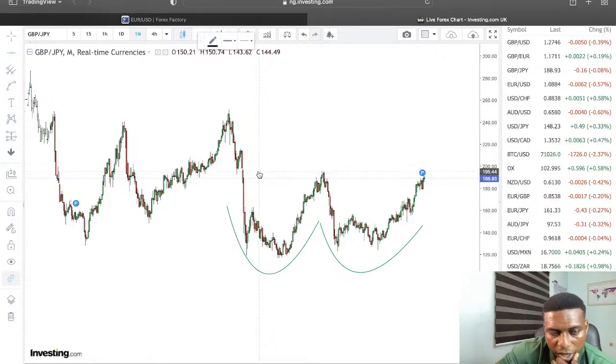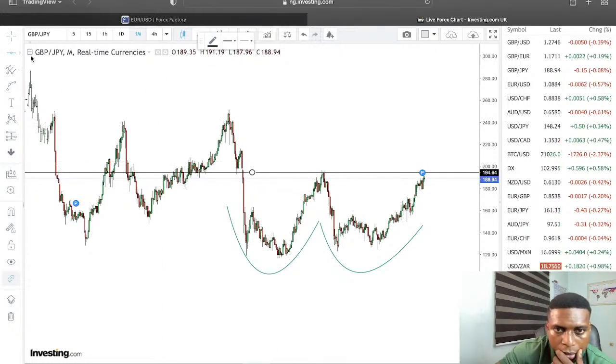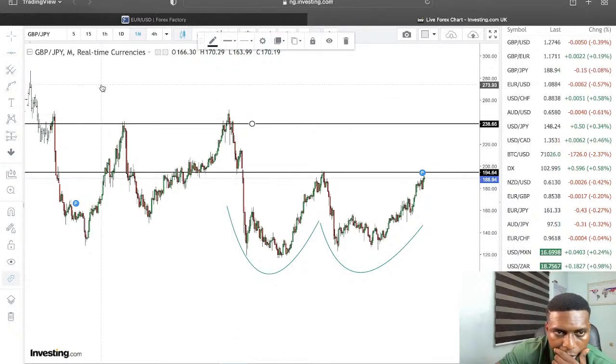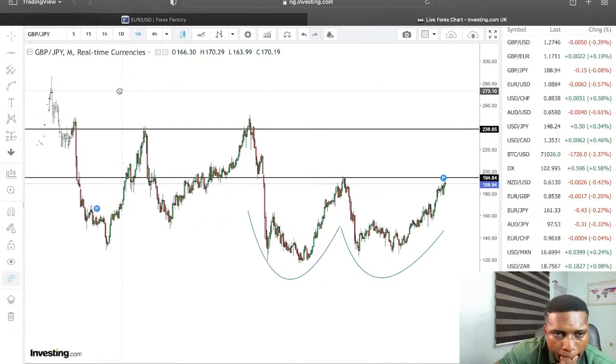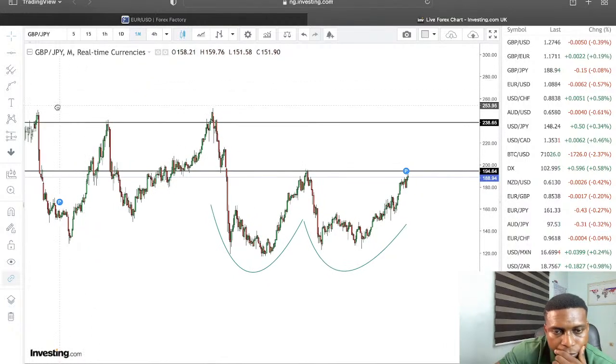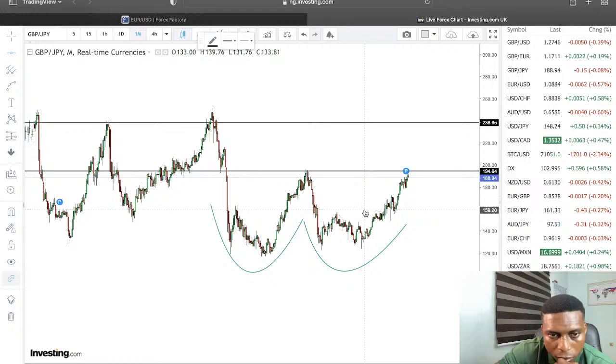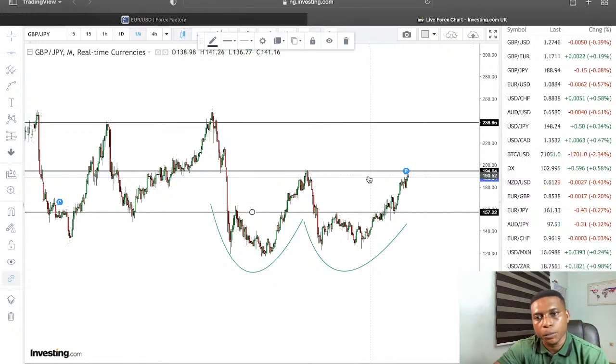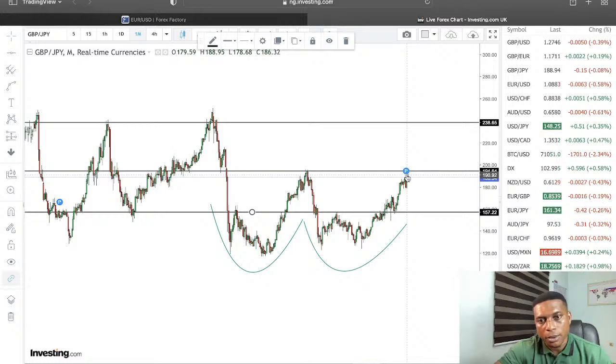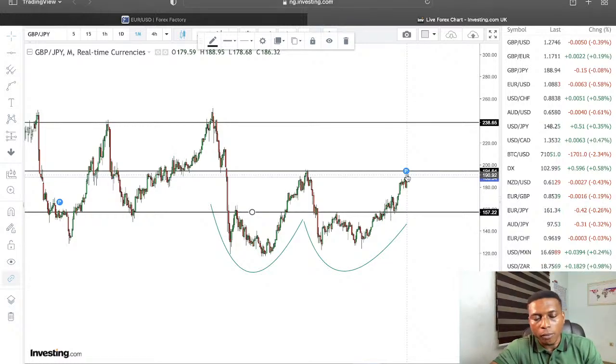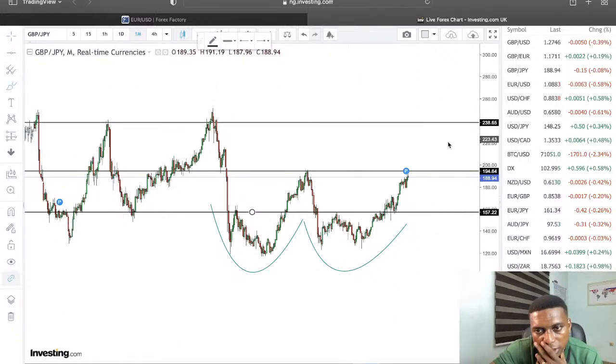We have a key level here. We also have a key level here. So GBP JPY would make this move.